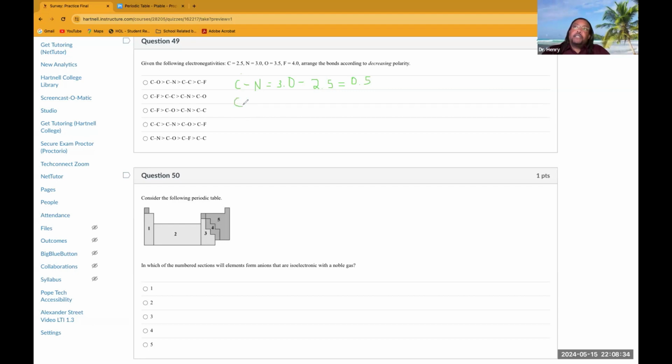Then we have a bond C-C, which we know is going to be 0. Then we have C-O, which is 3.5 minus 2.5. Sorry, I said one thing and wrote a totally different thing.